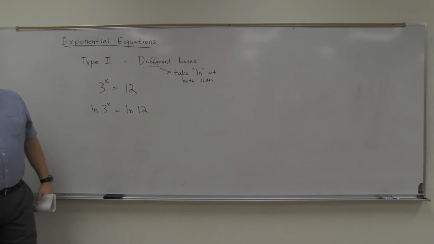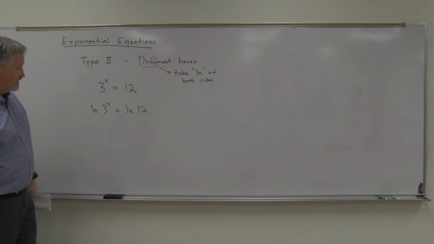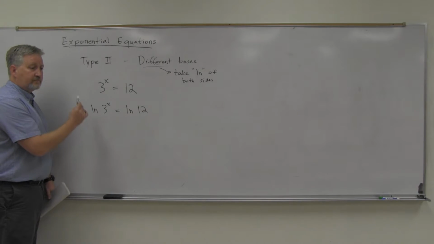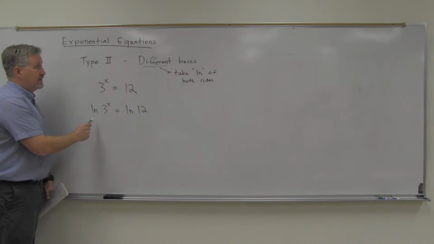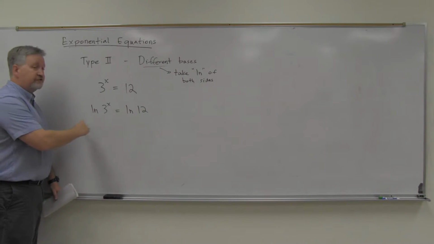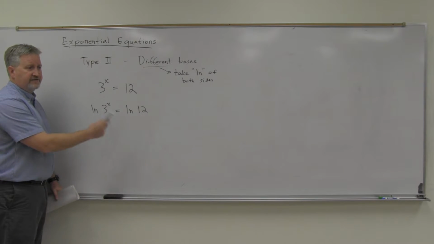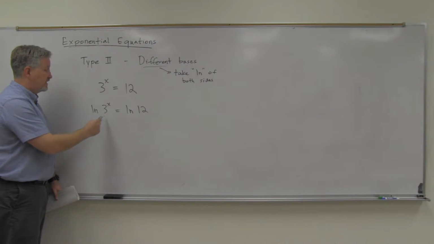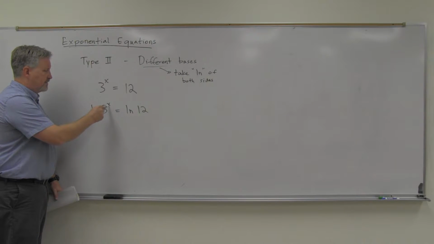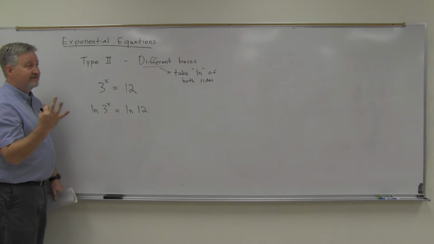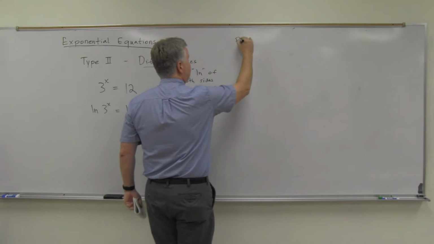Now, why do this? Well, it's because of what happens over here on the left side. Remember, we've introduced logarithms here. And we've done it to both sides, so that's what makes this okay, basically. And now with these logarithms, remember property 3 of logarithms?